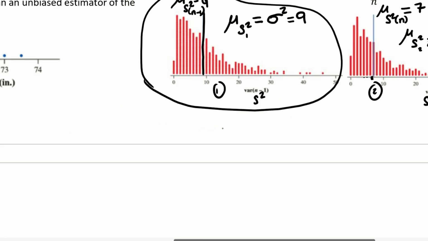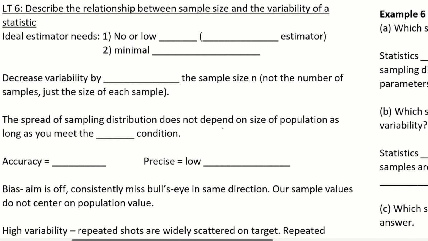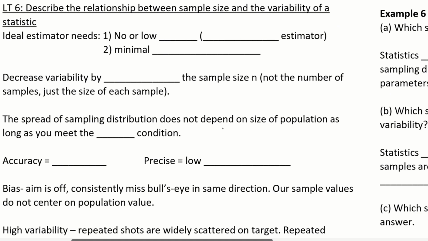So, learning target 6, describe the relationship between sample size and variability of a statistic. So what makes a good estimator, an ideal estimator? Ideally, a statistic that is used to estimate the population parameter has to have no or low bias.